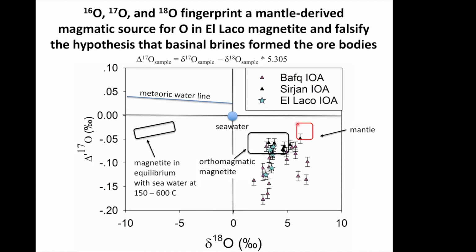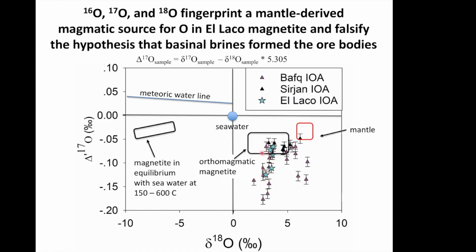This is the field for mantle, and this is the field for orthomagmatic magnetite. And this is the field for magnetite in equilibrium with seawater. We haven't 100% figured out what this vertical spread represents with respect to delta 18O. Again, this horizontal spread with delta 18O is consistent with all of the samples from El Laco having the oxygen in the magnetite sourced from a silicate magma.